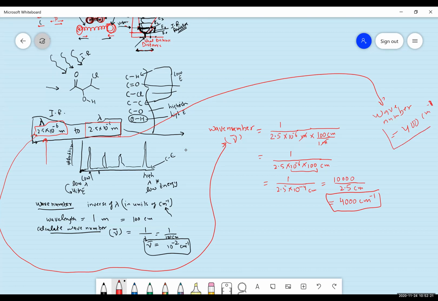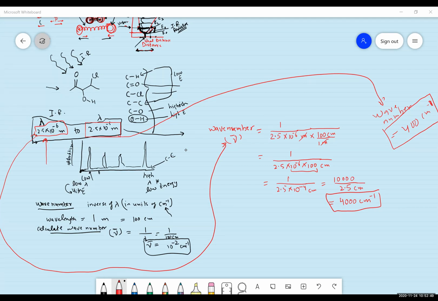Okay, so it means infrared spectroscopy will have a vibration range from 400 centimeter inverse to 4000 centimeter inverse. And that's the range within which all the bonds will show vibrations. You can calculate energy also if you want to by applying E equals h nu.